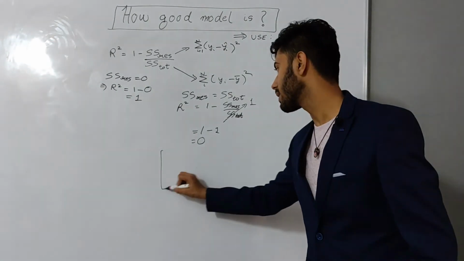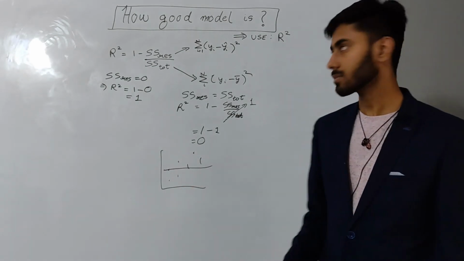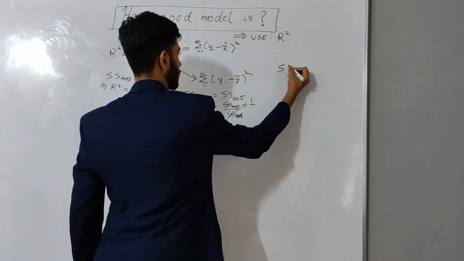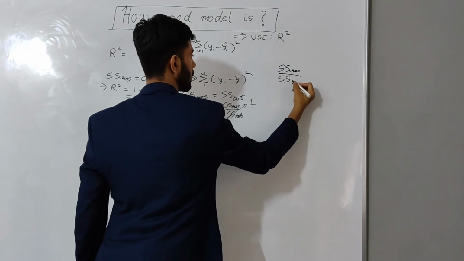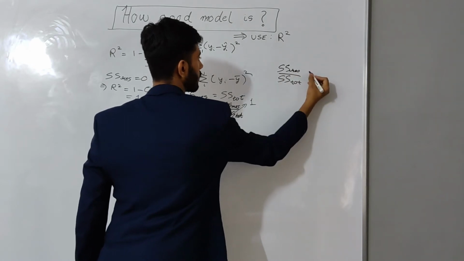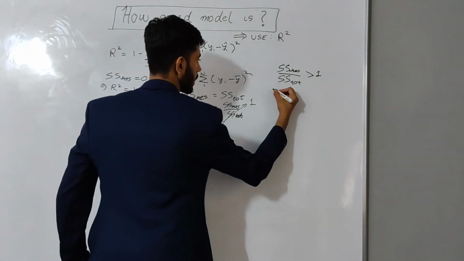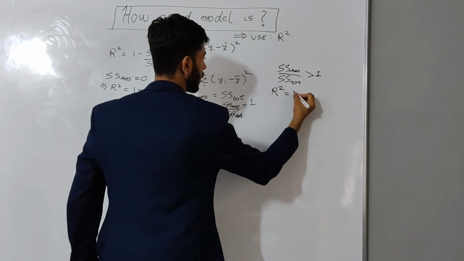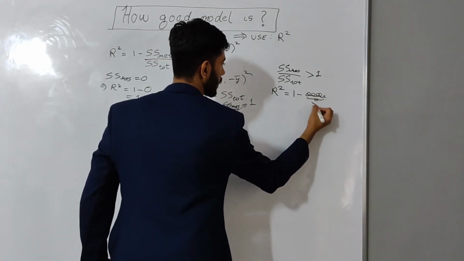So suppose my data set is like this. It is going to give me some prediction like this. Now suppose the sum of square of residual divided by the sum of square of total gives me a value which is greater than 1. Now what will happen is, if I find the value of r square, it is going to be r square is equal to 1 minus something, and this something is greater than 1.